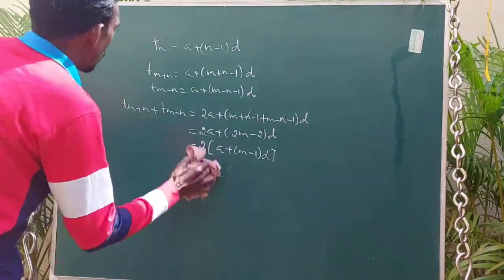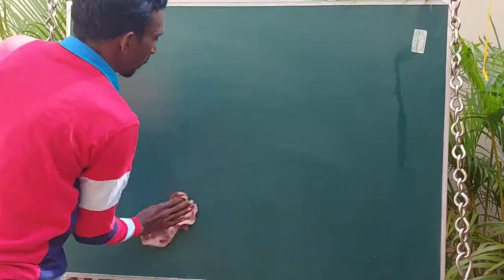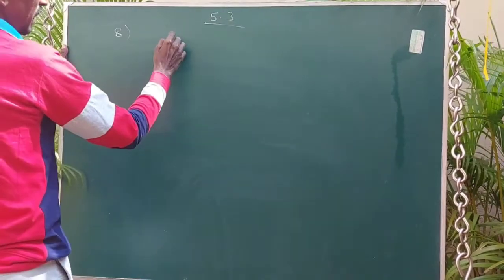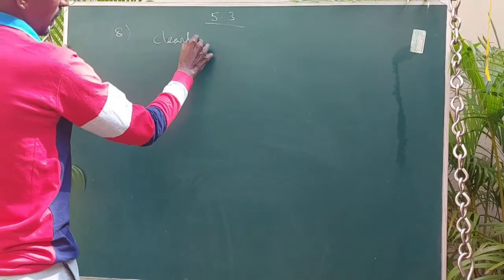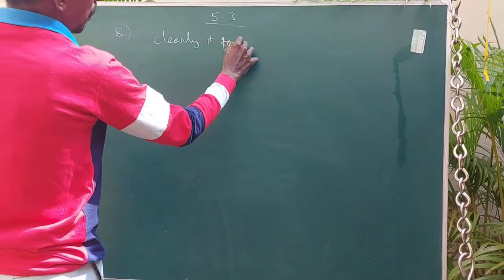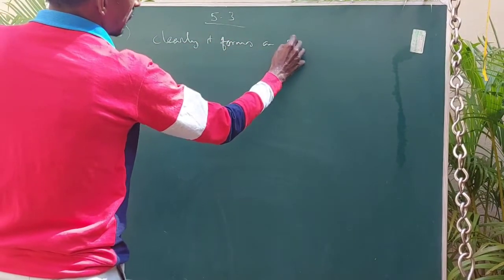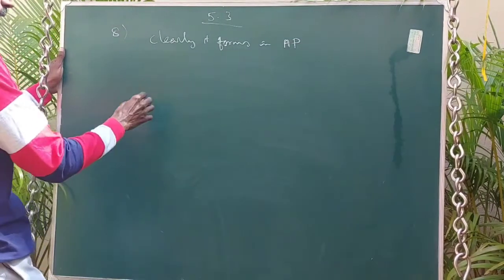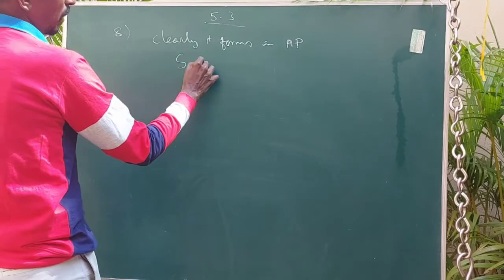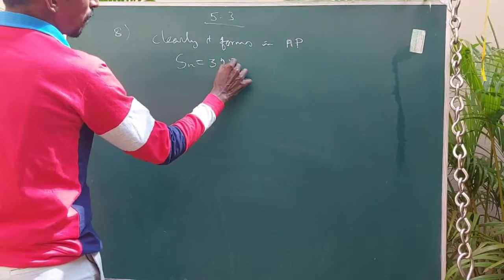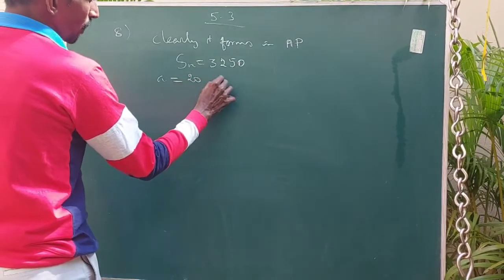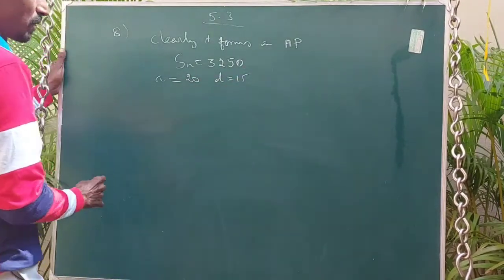So this is question number 8 in exercise 5.3. Given that it clearly forms an AP, an arithmetic progression, Sn = 3250, here a = 20 and the common difference d is given as 15.